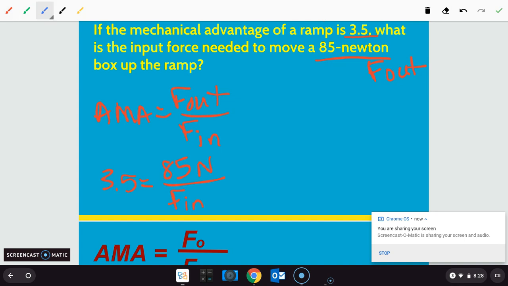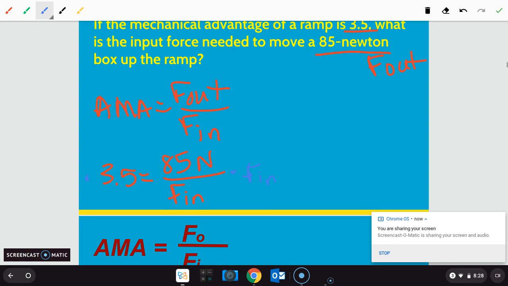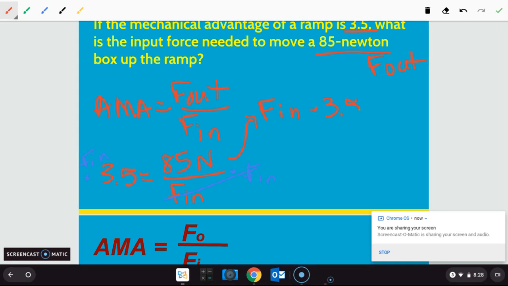Now remember, this is the one where many people make the mistake. The first thing I have to do here is multiply both sides by force in, so that this disappears. And if I rewrite this, I'm left with force in times 3.5 equals 85 newtons.